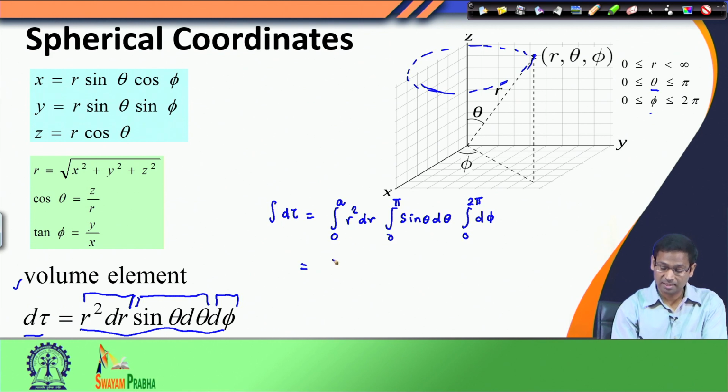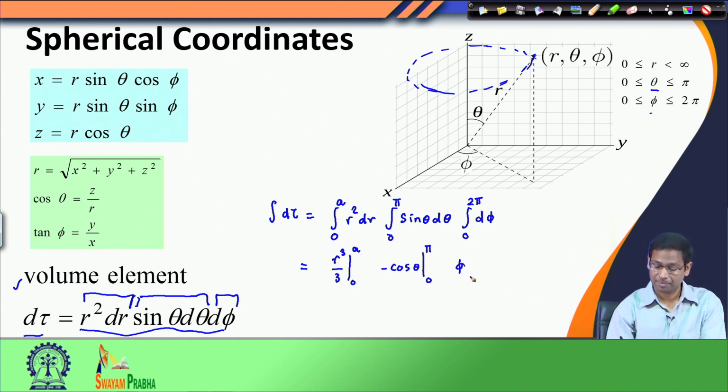When I integrate this, I have r cube by 3 in the range of 0 to a. When I integrate sin theta, I have minus cosine theta in the limit of 0 to pi, and when I integrate d phi, I get phi going from 0 to 2 pi.